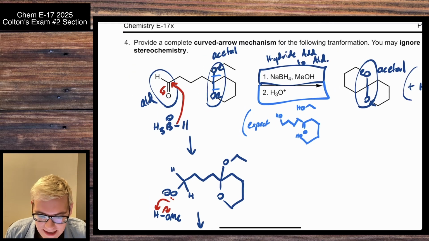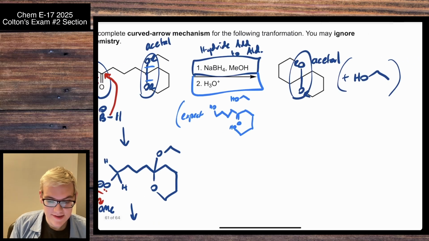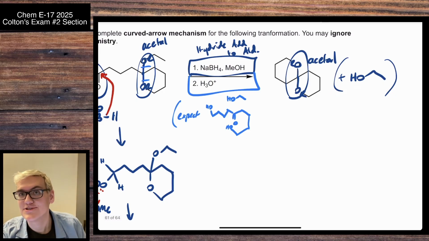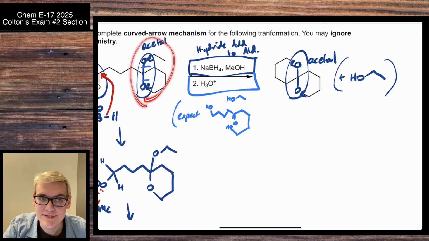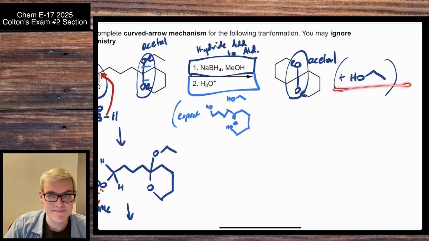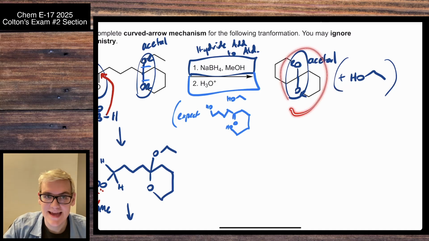But what we see is, because we've kicked this off, we know we have to do some of that reaction. We know we need to at least do enough of this acetal hydrolysis reaction that we kick off HOEt. But then we are going to be forming a different acetal.